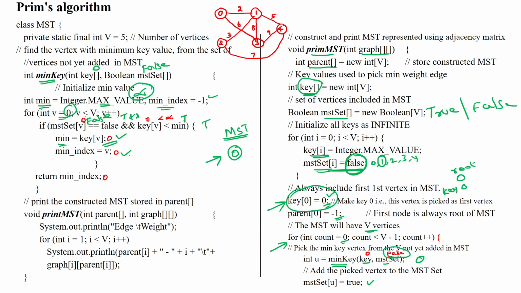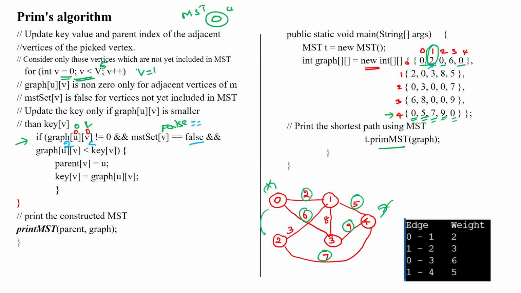We have set the infinity value to all the vertices. So 2 less than infinity, which is true.